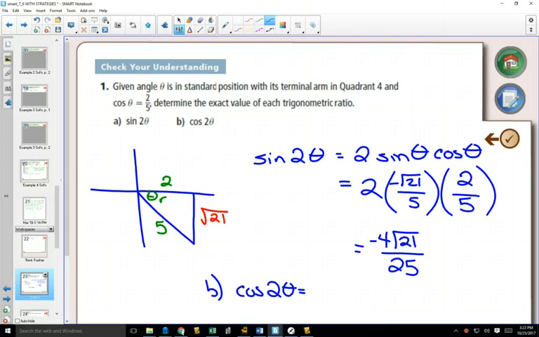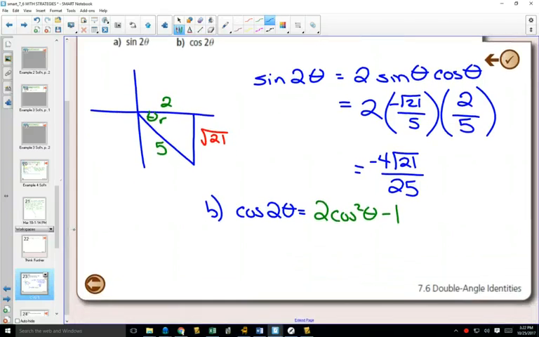Now, when choosing which formula to use for cos of 2 theta, it's not going to matter which one you use. If I was doing this one, I would say I like this one the best. Can anyone tell me why? It's simple? They're all simple.